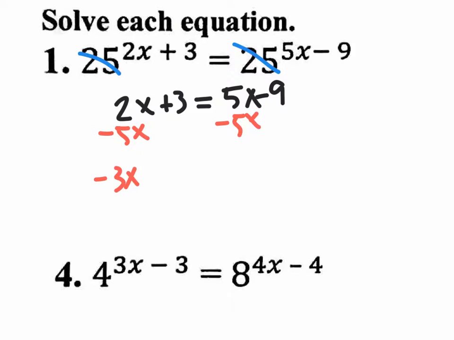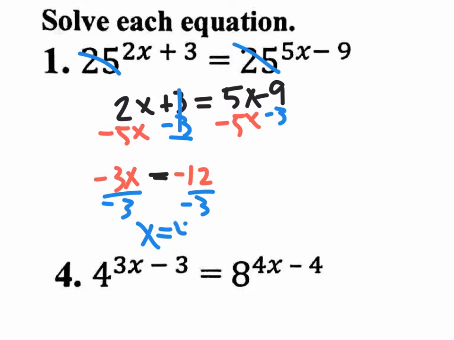And I'm also going to do 2 steps in one. Subtract 3. You're going to have negative 3x equals negative 12. And of course, when you divide both sides by negative 3, you're going to get the answer x equals 4.